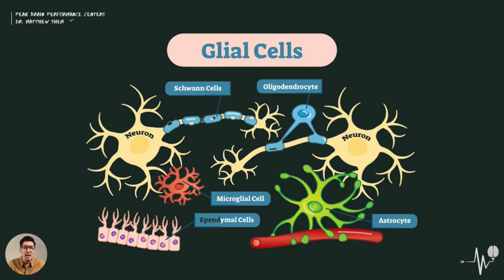The first ones that we have are Schwann cells and oligodendrocytes, which aren't necessarily as important in regards to the lecture that we are talking about today. But basically what those do is they coat what's called myelin, which is a protein that they wrap around the axons of these neurons to basically increase the conduction speed of the neurons so that they can send their signals just a little bit faster.